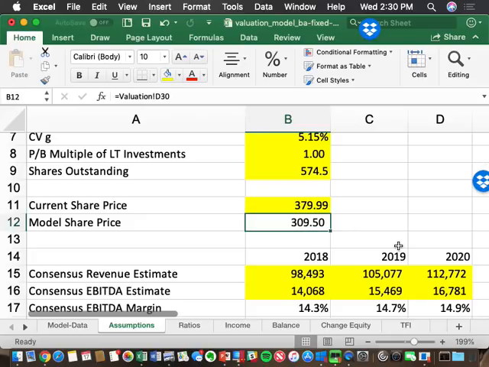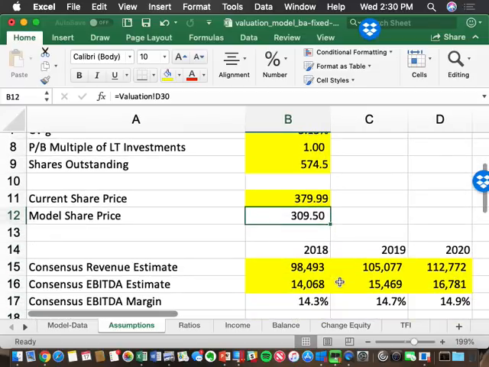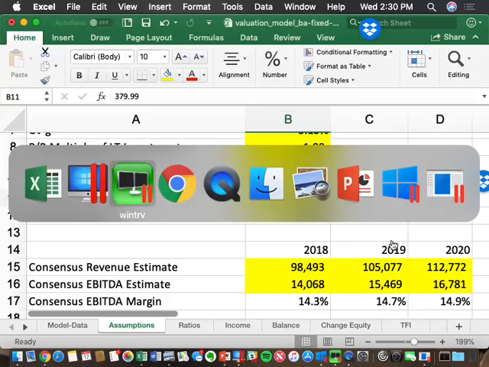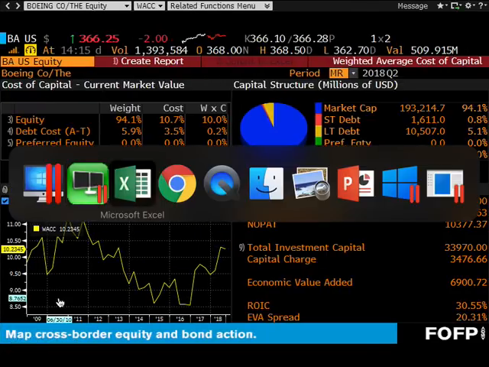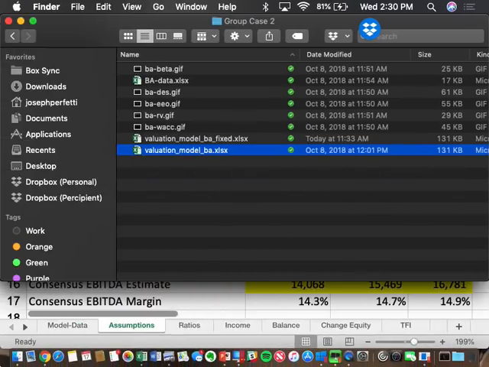I'm even further from my current trading price, which, by the way, is the next thing I have to update. We were at 380 last week, and today we're, where was I in the DES? Where was it?